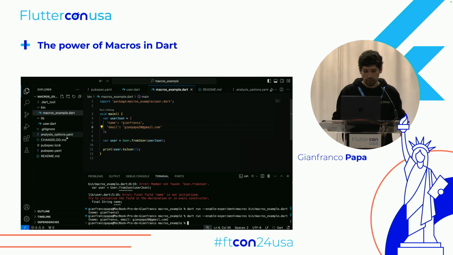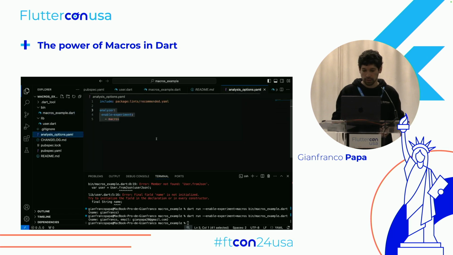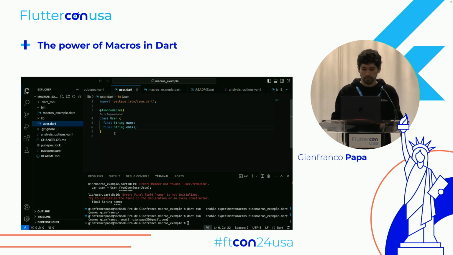And one thing that I forgot to mention is that we also have to enable the experiment in the analyzer, so it doesn't warn us for things around macros. But if we want to see how this is working, we notice that there's a VS Code extension to understand what is happening behind the scenes.